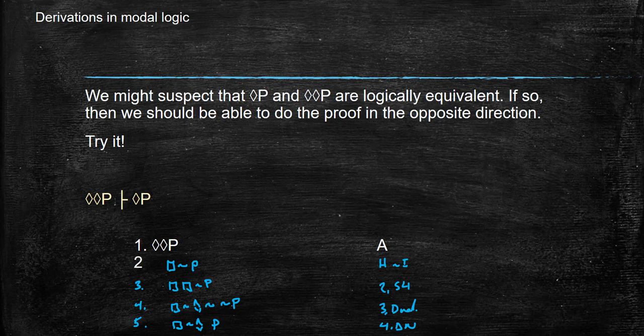And then on line 6, you can get not possible, not possible P, again, this time by 5 and dual.